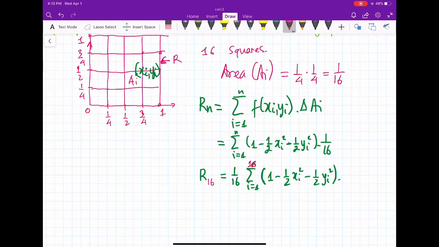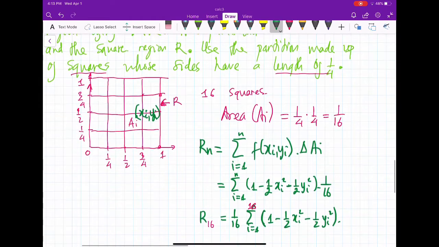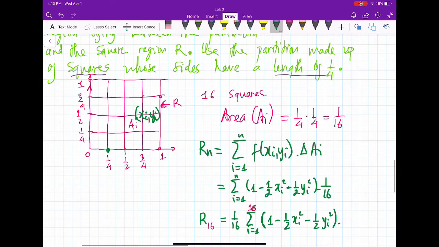Because in Calculus 1, when we did that, we could use right endpoints or left endpoints or midpoints, whatever we want. Let's do similar things for this situation. Let's choose right endpoints all the time. For x, I would have the following points: 1/4, 1/2, 3/4, and 1.